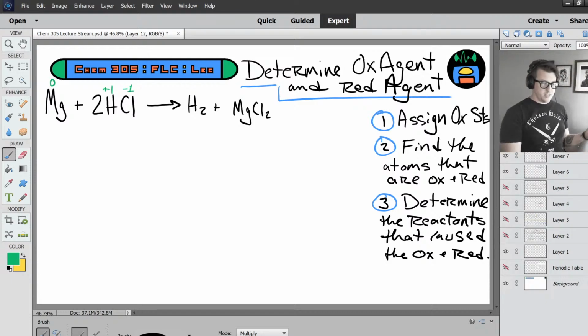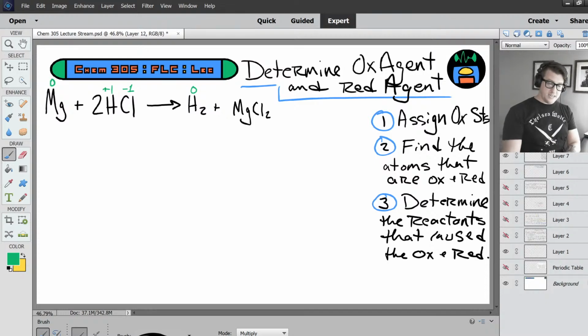Because hydrogen plus chlorine have to add to our total charge, and HCl has a charge of 0. Moving to the product side of the equation, hydrogen has no charge, and so hydrogen in H2 has an oxidation state of 0.